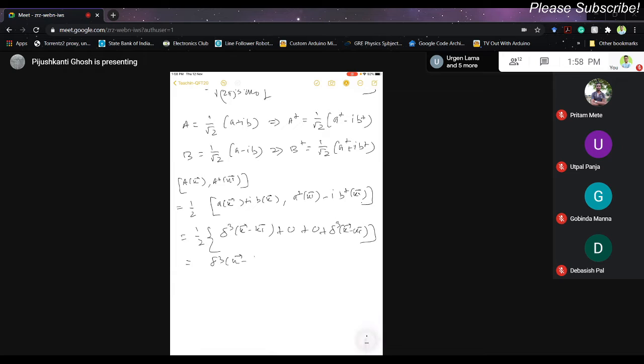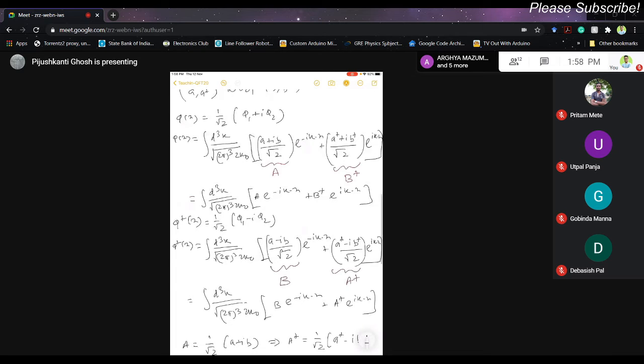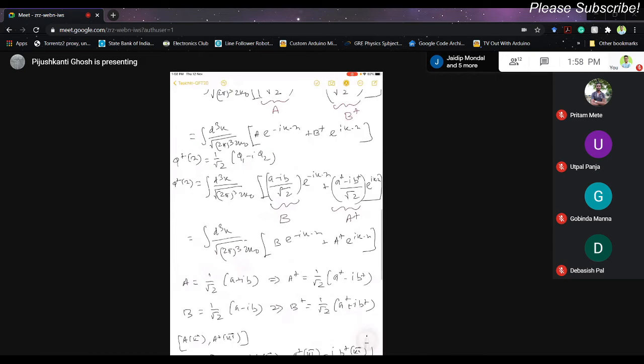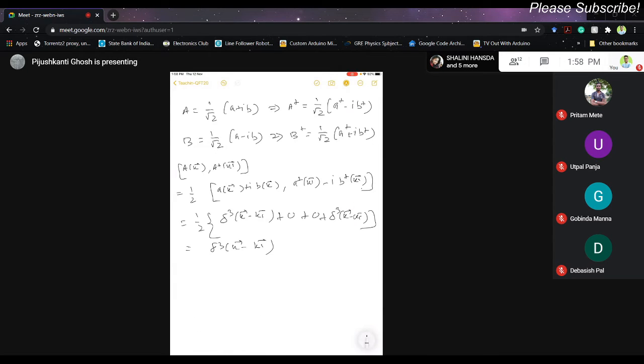If you prefer not to use the normalization factor 1 by root over 2, but say phi x is equal to phi 1 plus i phi 2, then if you proceed appropriately, you will see that the commutation relation will get some extra constant factor in front of delta cube k minus k prime, but that is okay, that is not wrong.